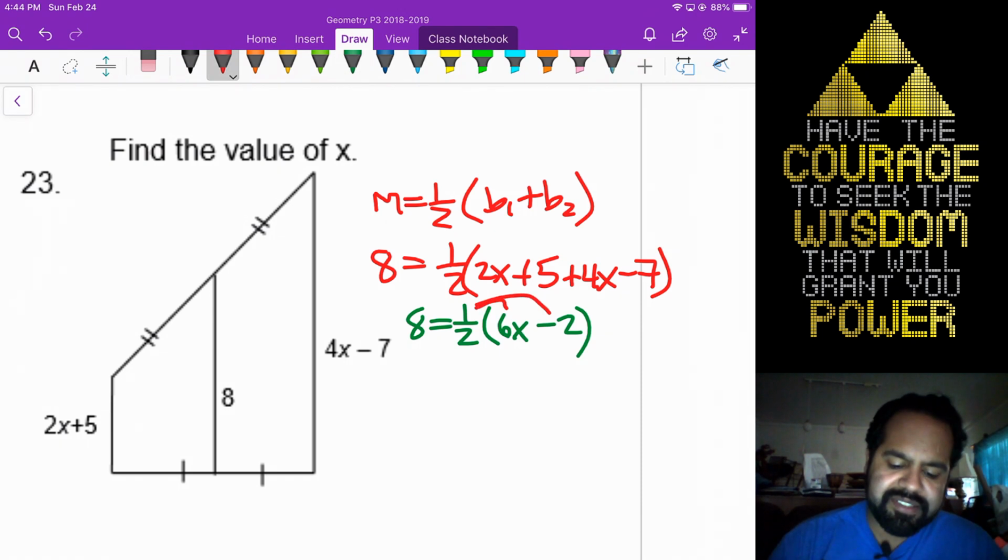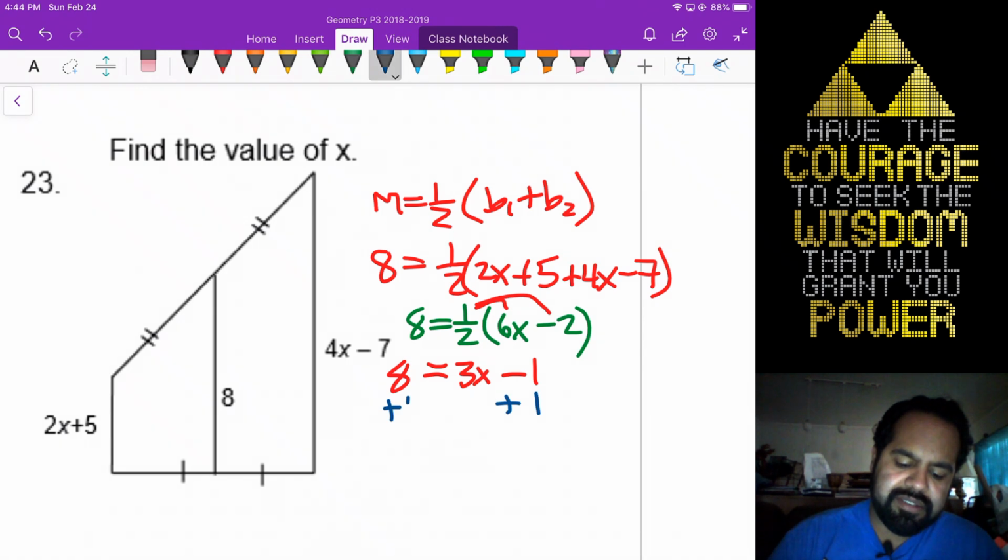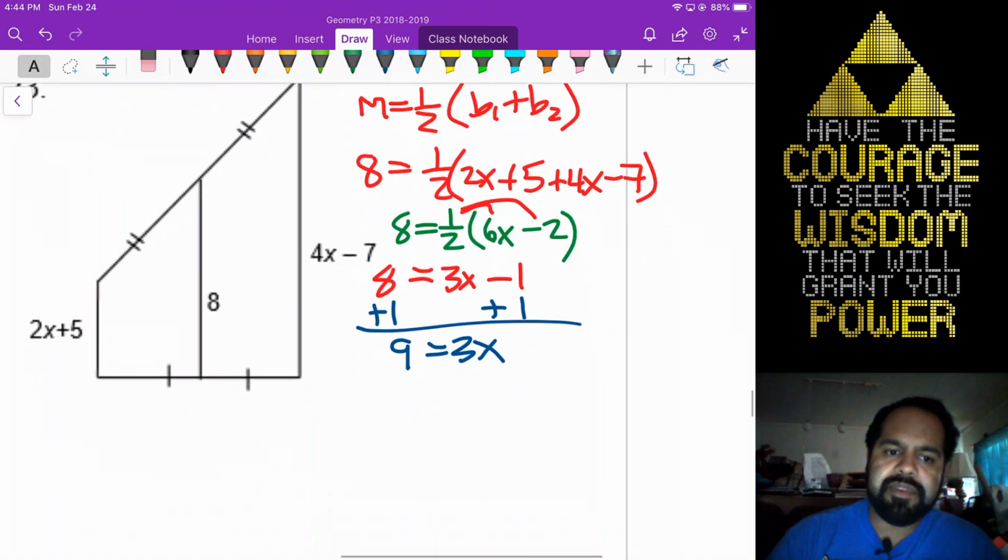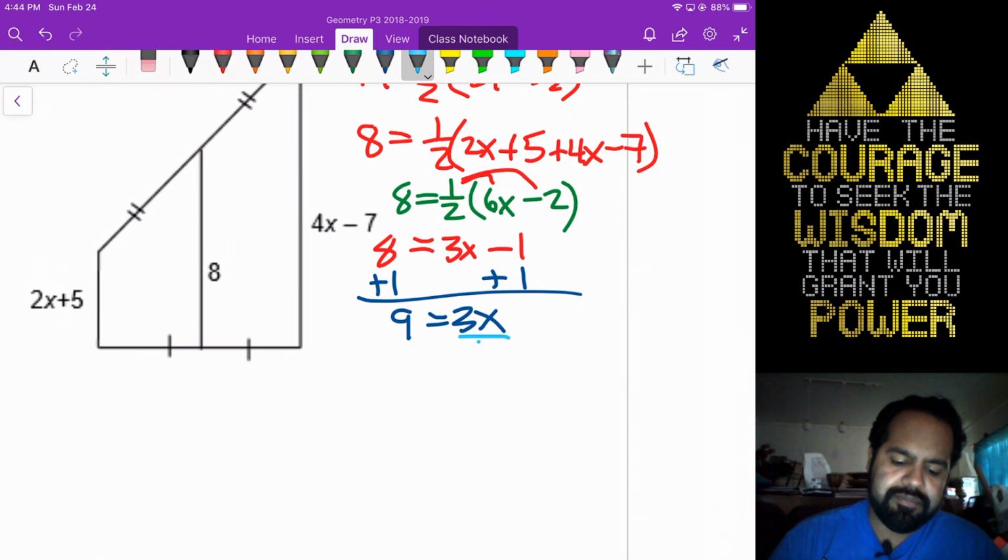So 1/2 of 6 is 3. 1/2 of 2 is 1. So then just a nice simple arithmetic. 9 is equal to 3x. Divide both sides by 3. So then x equals 3.